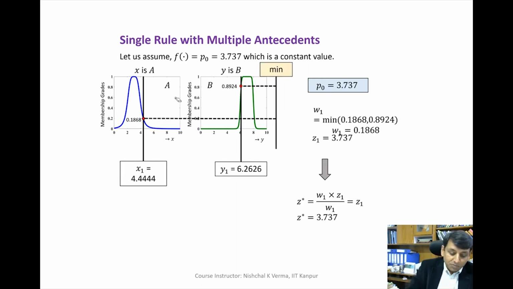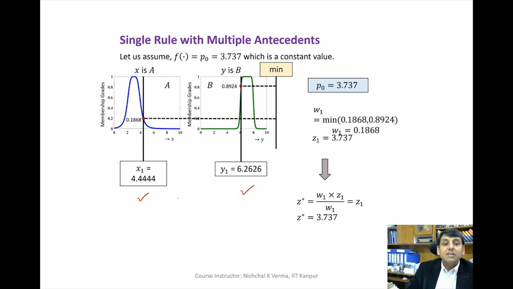So let us assume that we have x1, the input value, which is a crisp value. x1 is equal to 4.444 and y1 is equal to 6.2626. So let us assume these two crisp values as the input values. This is an arbitrary value, you can have any other value. And please remember that we take only those values which are going to intersect the fuzzy sets A and B. Why?